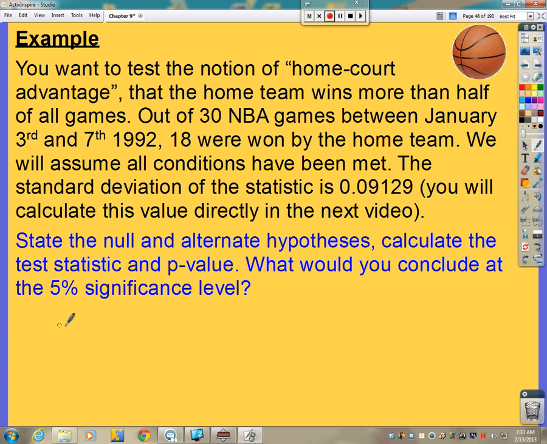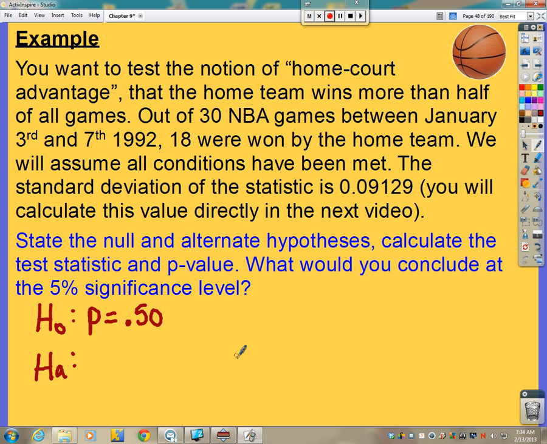Okay, so our hypotheses here, our null hypothesis and our alternate hypothesis. Now, it doesn't really give us a percent up here to work with, but if we notice, it says the home team wins more than half of all games. So we want to see, is home court advantage a real thing? So our null hypothesis is that there really is no difference.